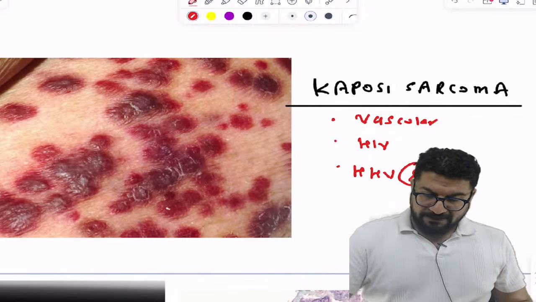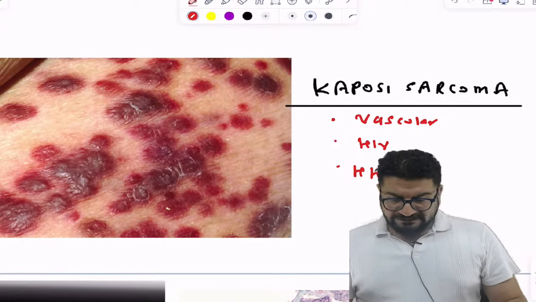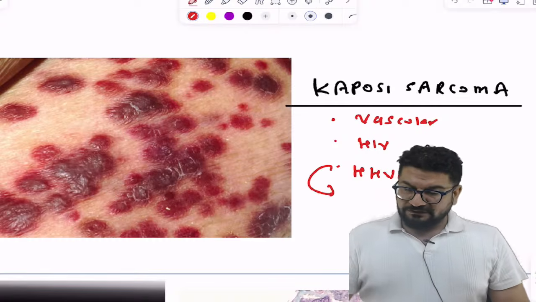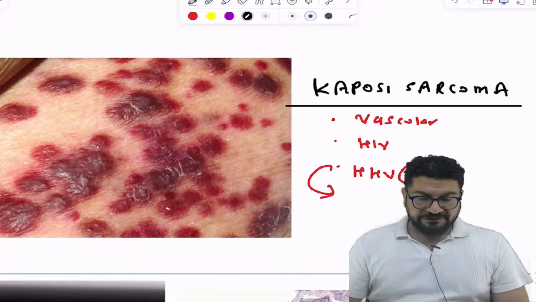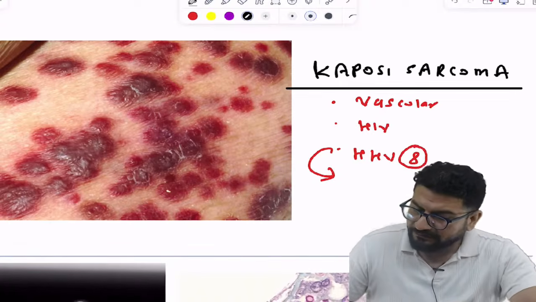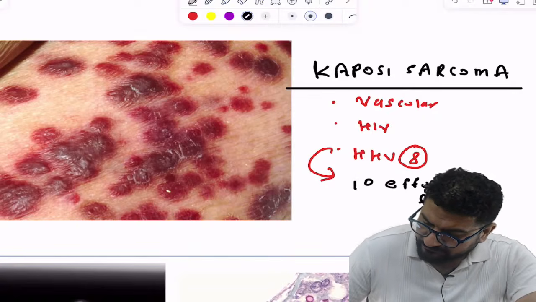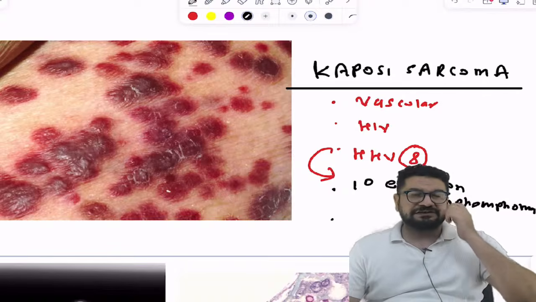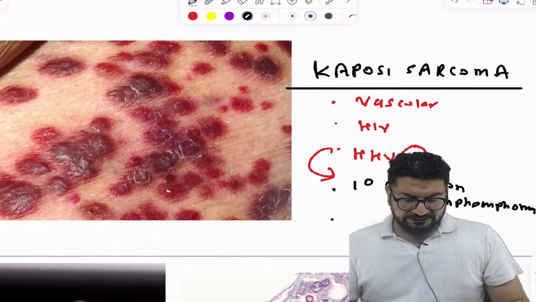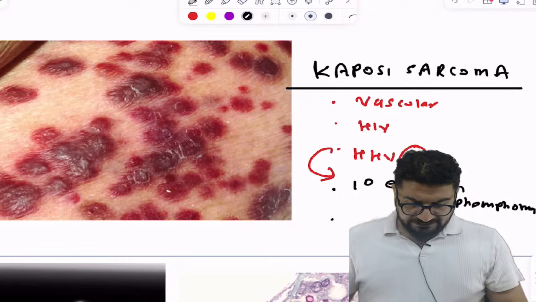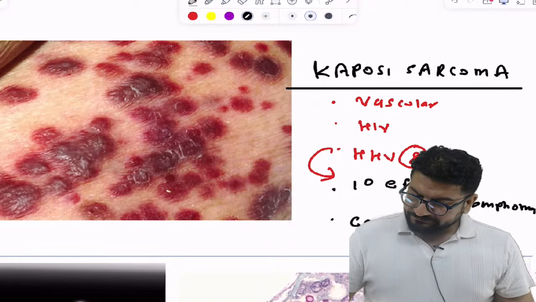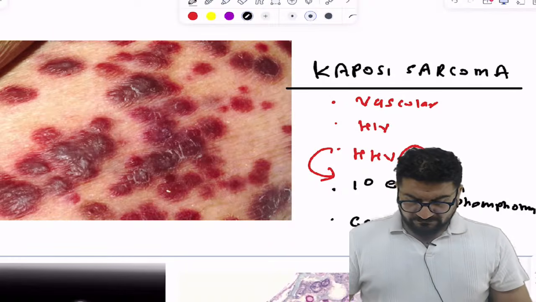Last time they asked you a question: HHV8 can cause some other thing. HHV8 can also cause primary effusion lymphoma. Second thing, remember HHV8 can also cause a condition called Castleman disease.